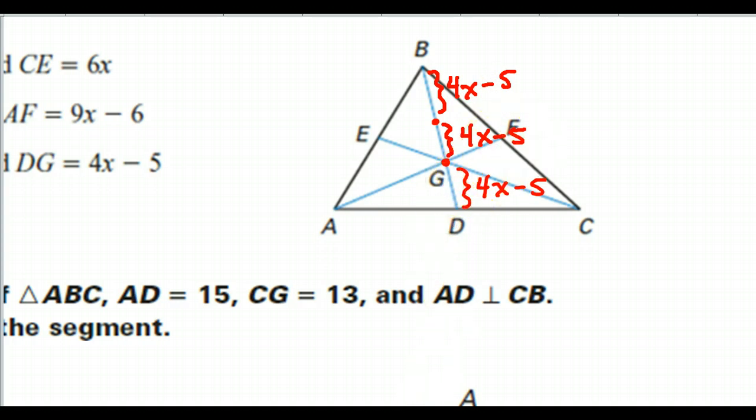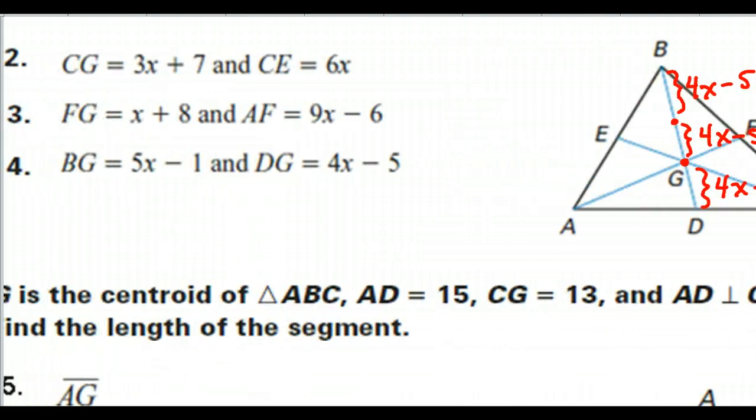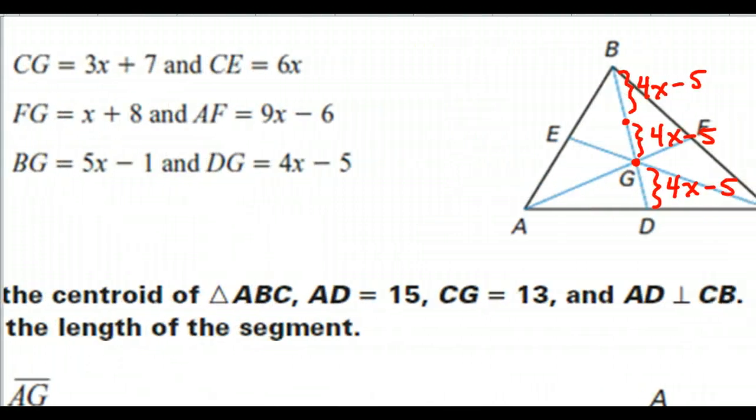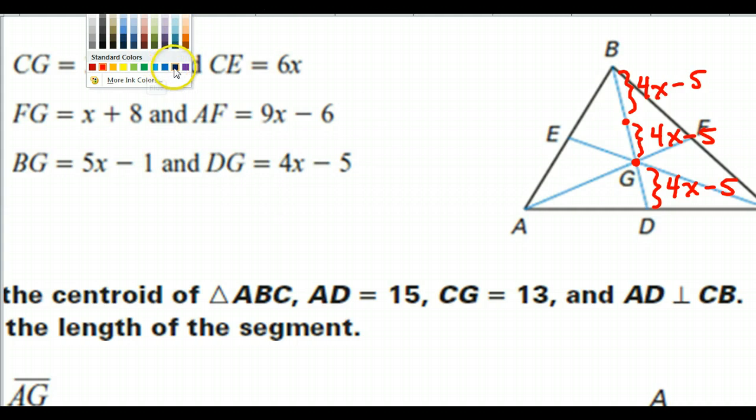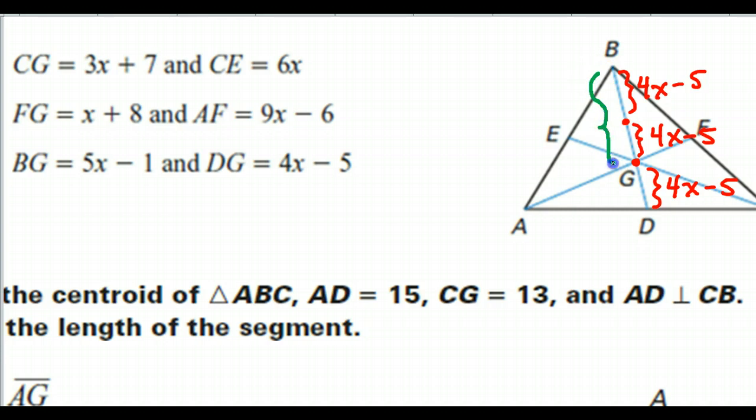So now I'm going to look at the other piece of information that we're given and see if I can make an equation. The other piece of information I'm given is BG, 5x minus 1. I feel like I should go to a different color now. I'm going to do green. They're giving us that BG, which is this part right here, is 5x minus 1.